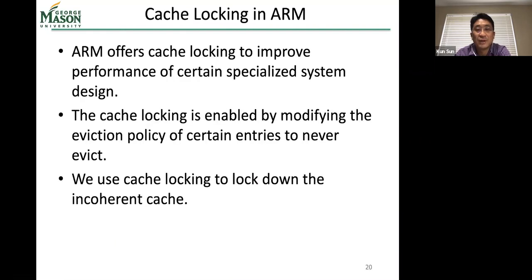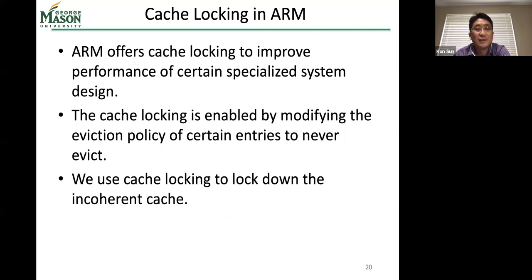So we use a technique called cache locking. ARM processors offer this cache locking property. If you lock some line or some way of data, then that cache line or cache way will not be evicted. It will always be there.